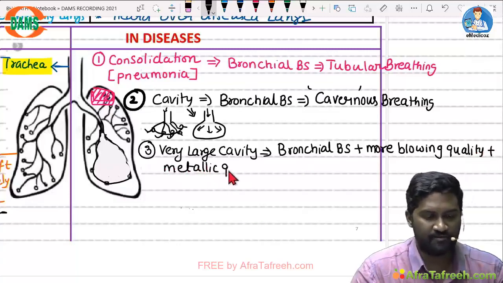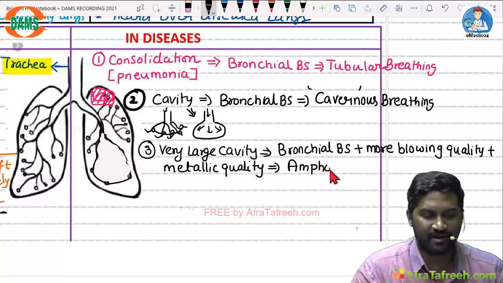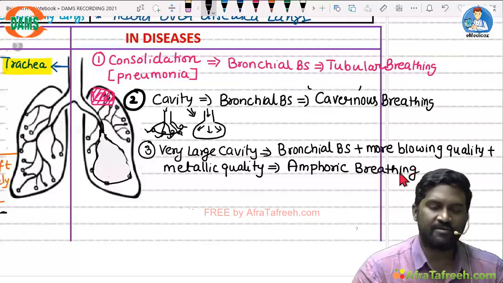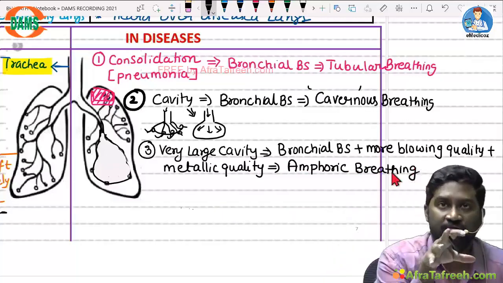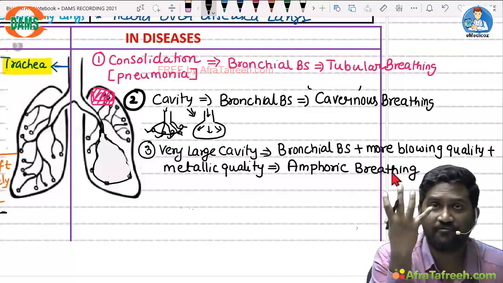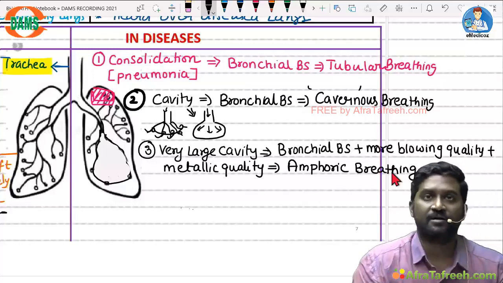In some books this more blowing quality is described as metallic quality, and this bronchial breathing in a very large cavity is called amphoric breathing. It was seen in the early 1900s when there was no proper treatment for tuberculosis. Patients used to have very big cavities occupying a complete lobe of lung.